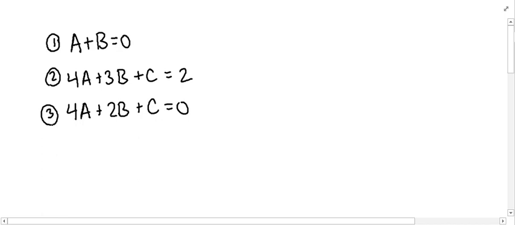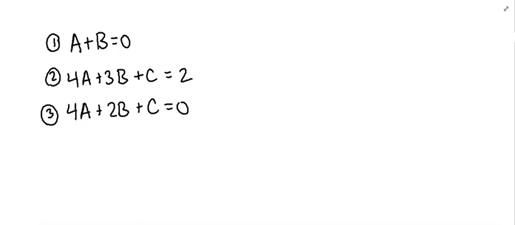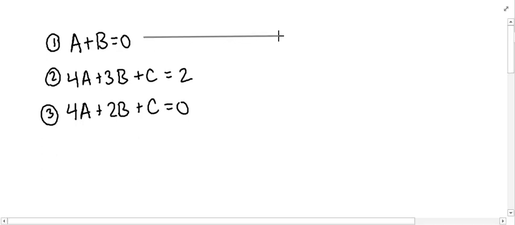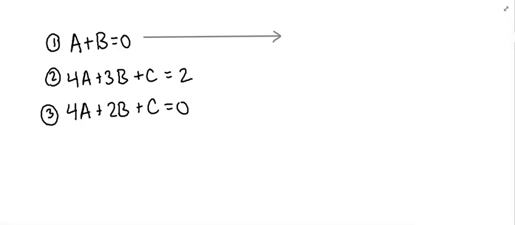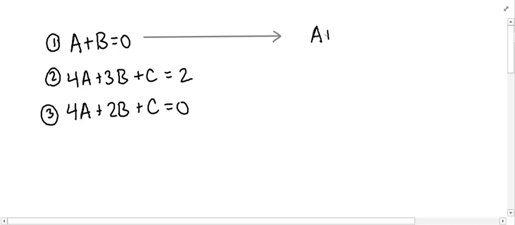Again, we're trying to figure out what is a, what is b, what is c. If I look at the very first equation, a has to equal negative b. If you subtract one of the variables, moving it to the other side, subtracting off the b tells me that a is the same thing as negative b. So everywhere you see an a, you can replace it with negative b.